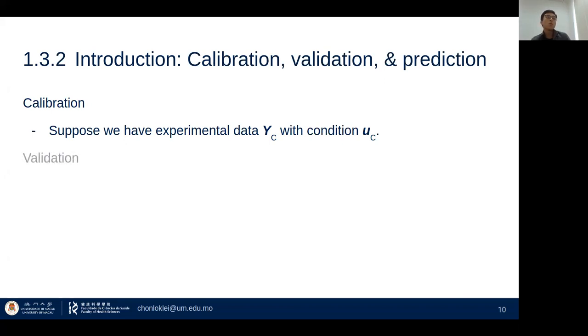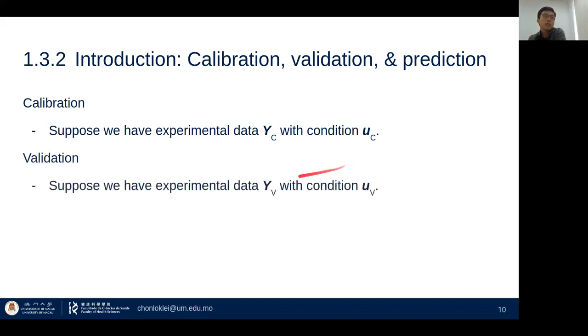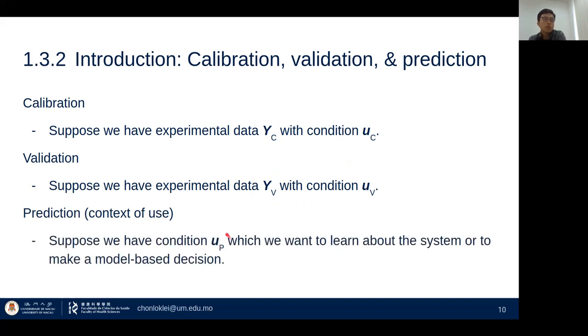After that, we will do validation of the model using a different set of data, YV, and some different set of conditions, UV. And finally, we will use the model to do predictions, or if you like, the context of use, where we suppose we have some conditions, UP, where we can't really perform the experiments, and we want to use the model to make a model-based decision. So that is the split of the three stages of the use of the model.